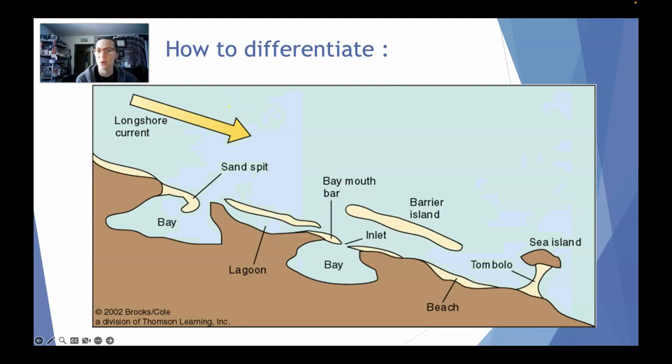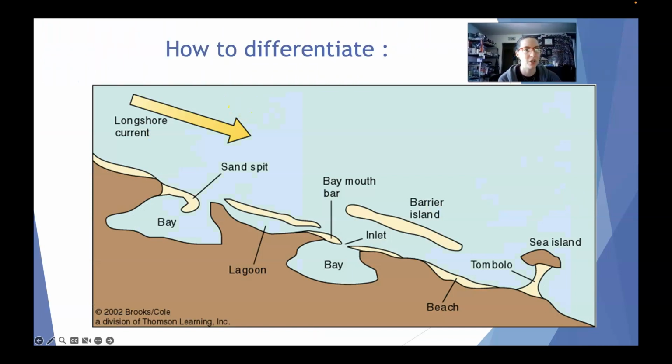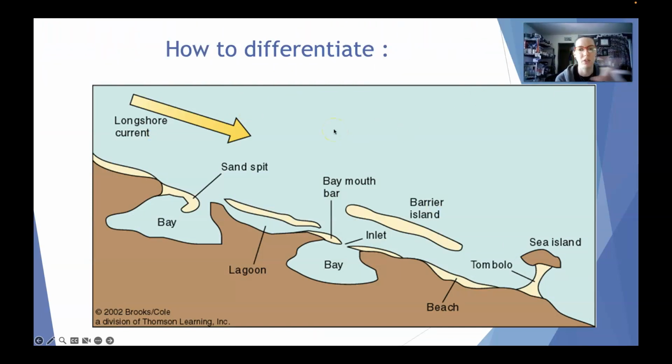All right, so now going into how to differentiate between all of these different secondary processes that we just talked about. So this is a little schematic to be your cheat sheet in a way, to tell the difference between each one. So we have the sand spit, right? It has this little curvy feature to it.